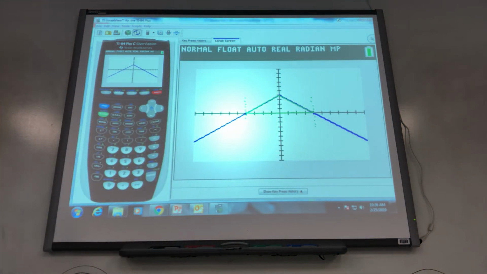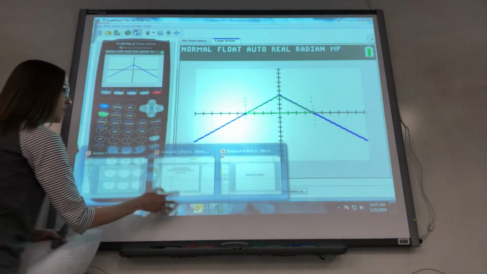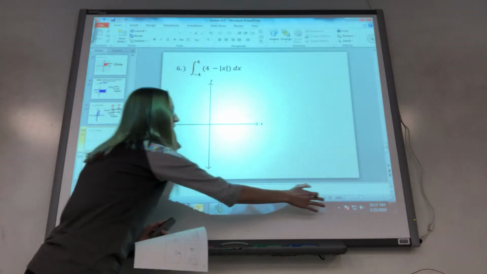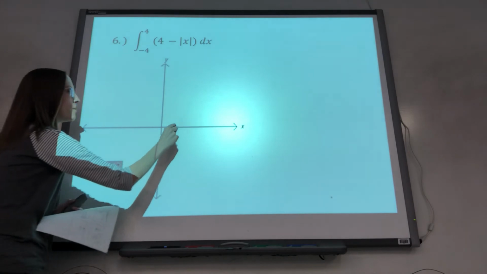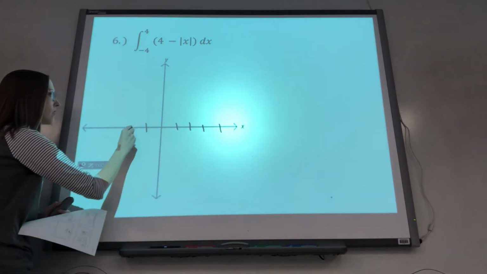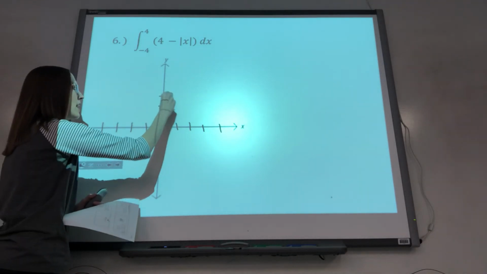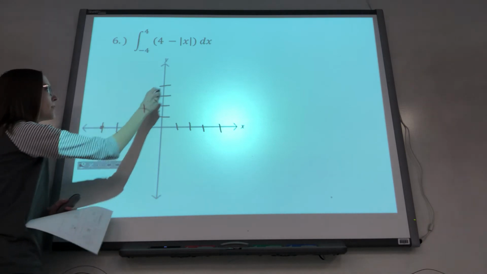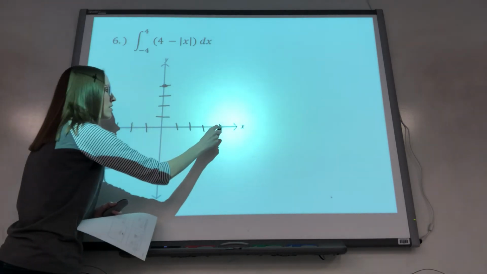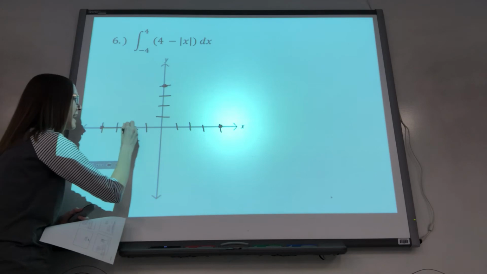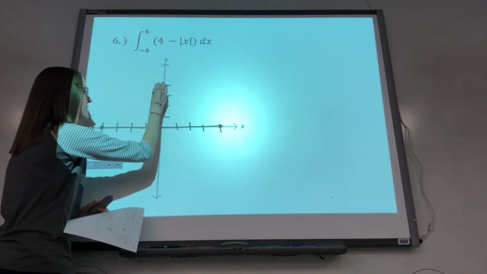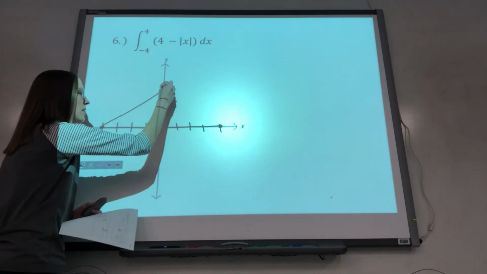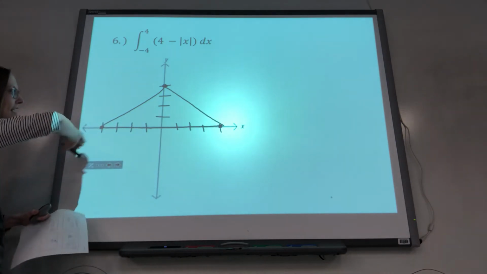So let me try to sketch that real quick on my graph. I need to go out to 4, out to 4, and up to 4. Boom, boom, boom. So that is my shape, just a big old triangle.